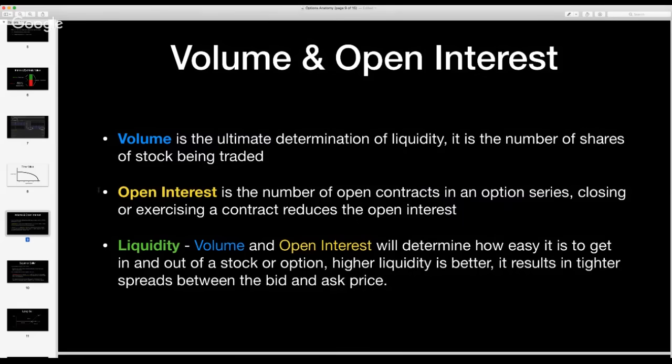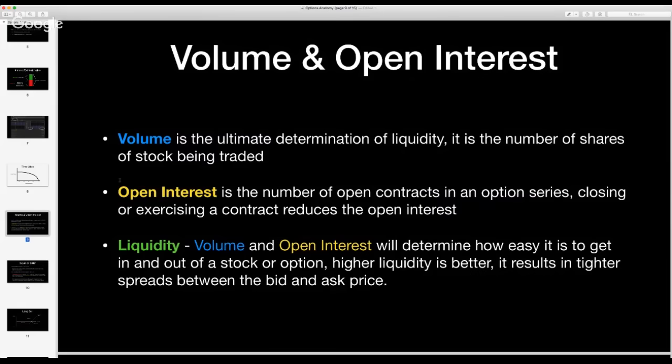But open interest really is the ultimate determiner of whether there are enough parties involved, because you want to make sure that when you're buying or selling something, there are enough people with other contracts of the same ilk opened, that they haven't exercised, so that there's a greater chance that if you wanted to get in or out, there would be someone that could be matched up with you. So that's why open interest is important.